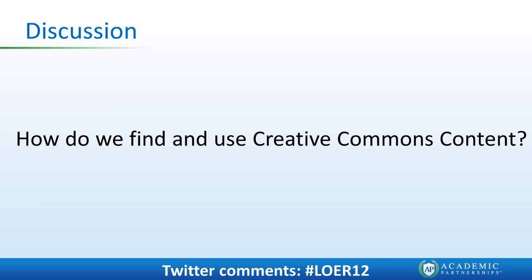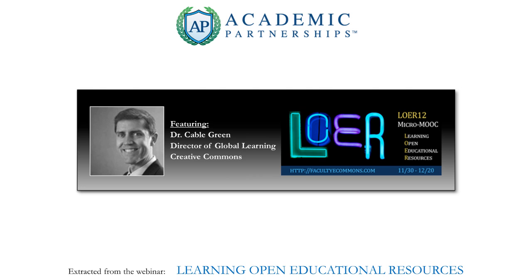We're getting there and we're working on it. But the goal is to make this so easy that more and more folks actually find and use existing OER, and then our other job is to make it easy for authors to contribute their OER so that others can use it.